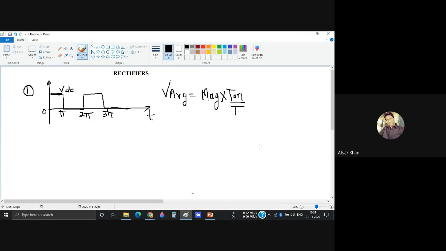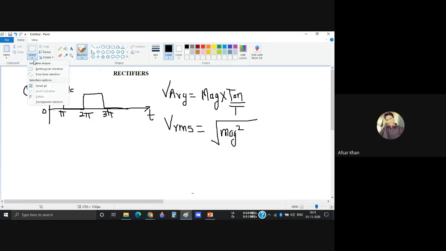Just remember this formula: magnitude into T on by T total. If you look at this waveform, the magnitude is nothing but VDC. So this is the average, and VRMS is the root of magnitude square into the same T on by total time.